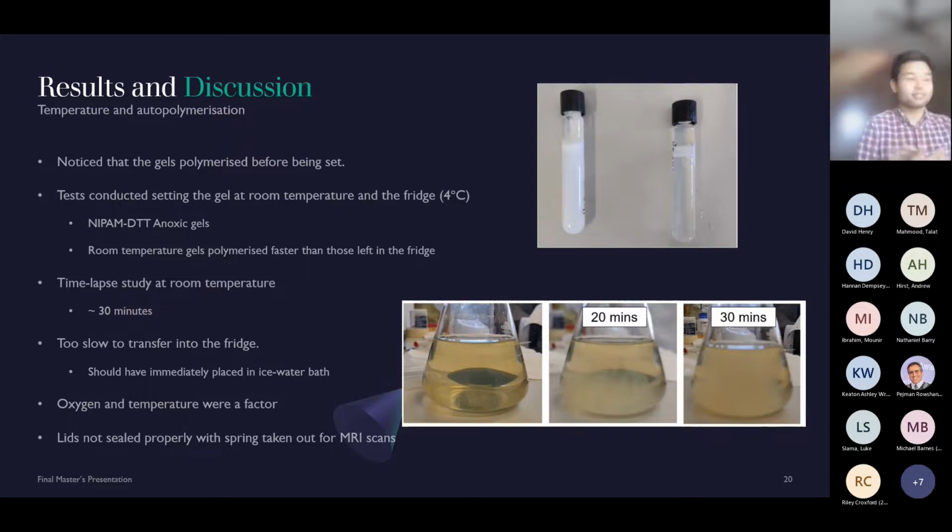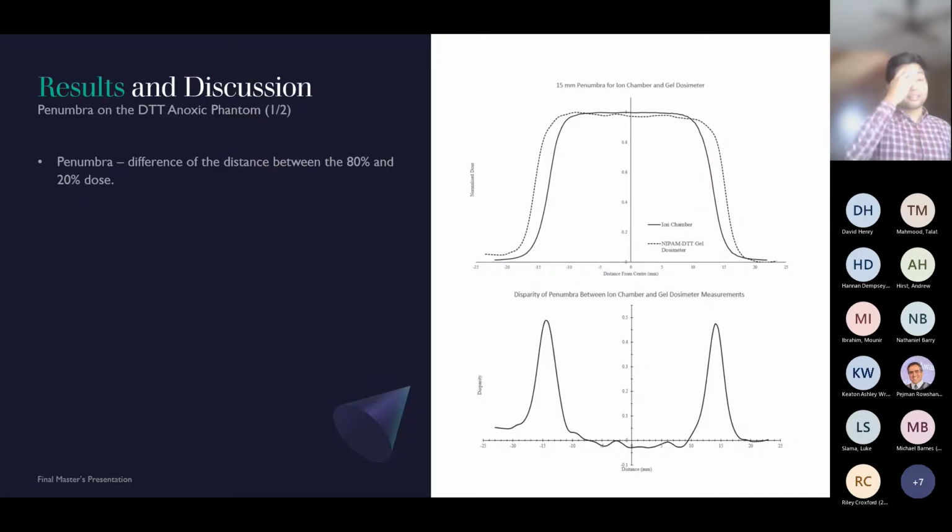I should have immediately placed them in an ice water bath. So I think oxygen and temperature were a factor. And when I say oxygen, I think the lids weren't sealed properly because the spring was taken out of the MRI scans.